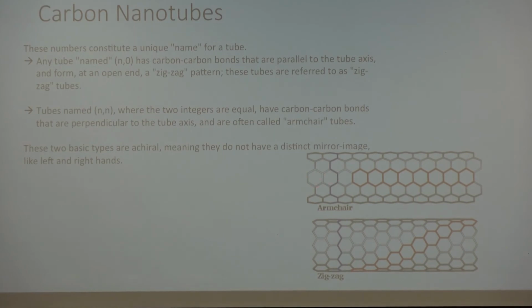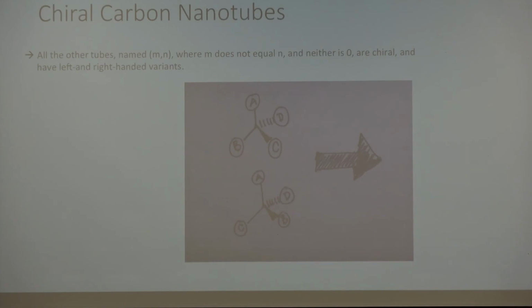So there's these two extremes, from N0 to where M and N are equal, okay? Anything in between are chiral carbon nanotubes, and that just means that they have left and right-handed variations, right?